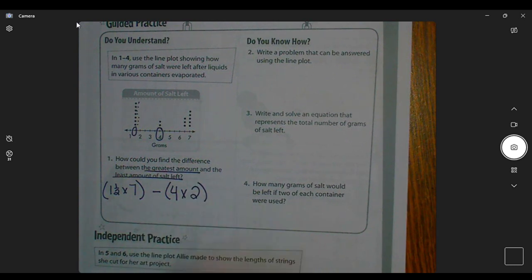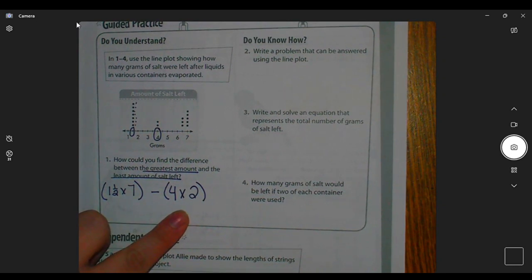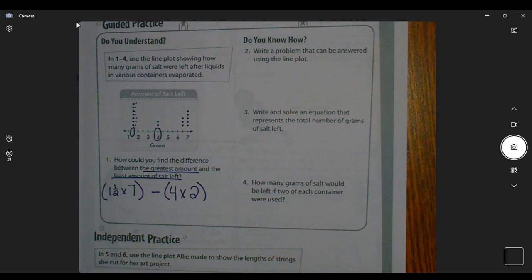And the reason I'm using my parentheses, my grouping symbols, is because I don't want it to look like one giant problem. So I'm going to group off my steps to show this is my step 1. This is my step 2. I'm going to make sure my brain can see these are separate steps within the same problem.